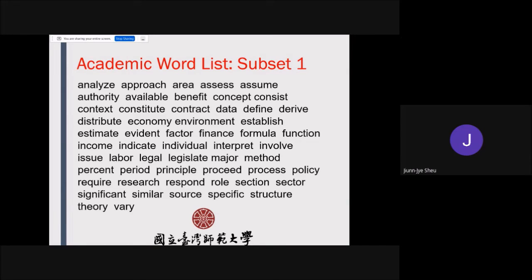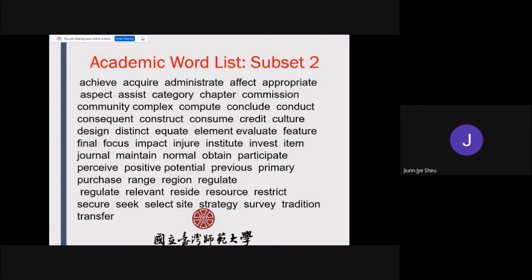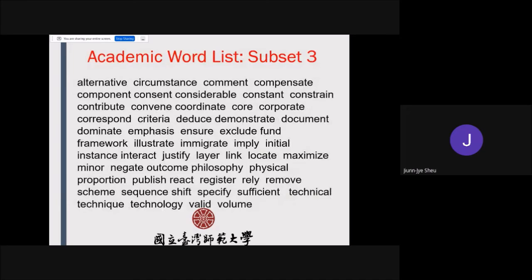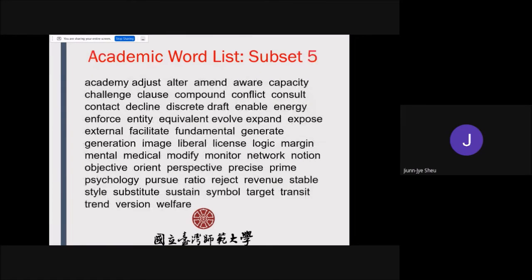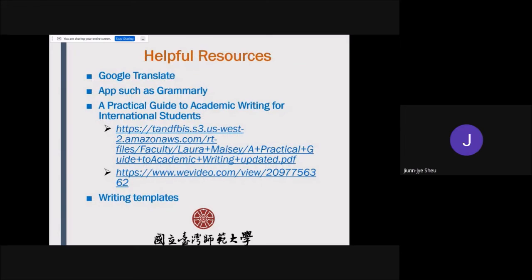And I also have a few sets of academic words in the slides. This is the first set. They are more formal and more objective for your use. And more words, certainly I'm not able to go over each of the words, but feel free to practice using those words.